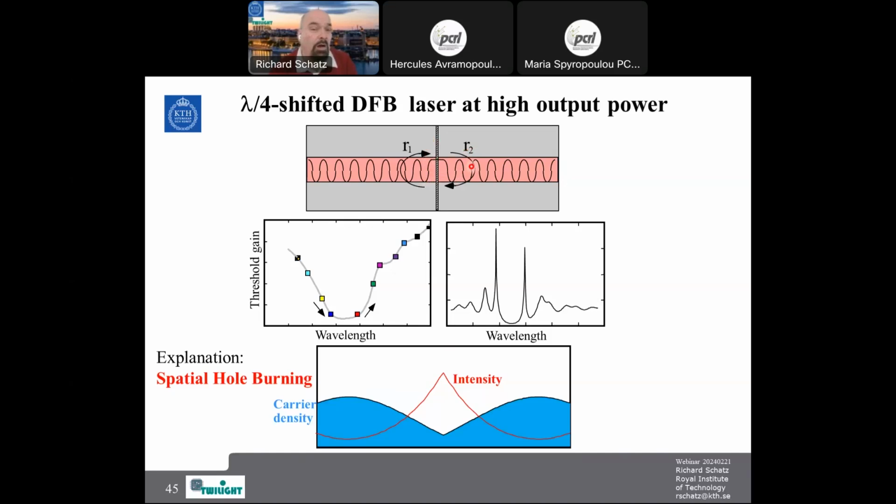It's closer to a half wavelength shift, and then you are back to the DFB behavior where you have not one mode but two modes lasing again. So yeah, this is a problem. In order to remedy this, you need to have a correct coupling coefficient, which is not too large in the quarter wave shifted laser. I will show this later in a hands-on demo of LaserMatrix.